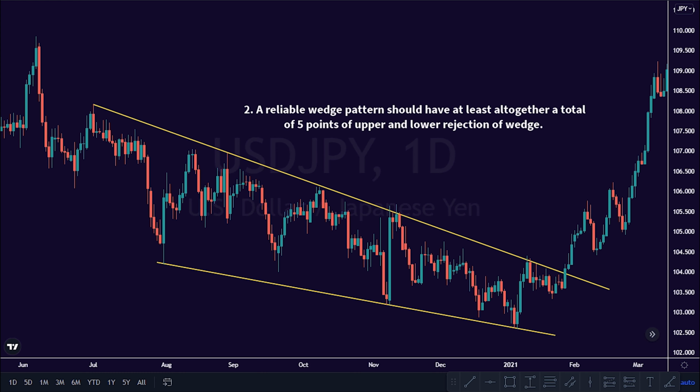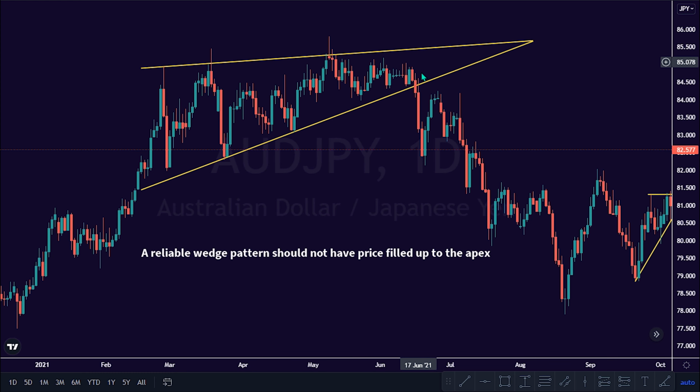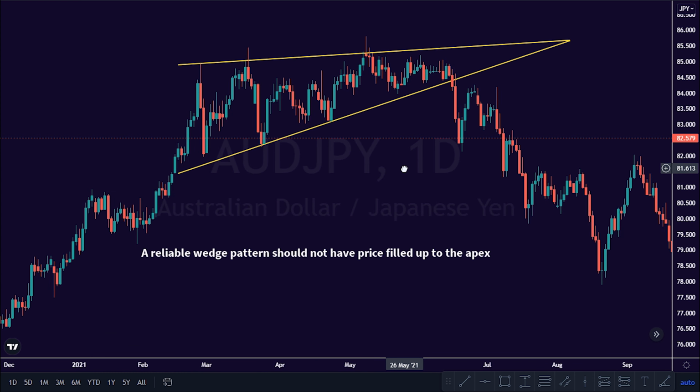Number 2, a reliable wedge pattern should have at least altogether a total of 5 points of upper and lower rejection of the wedge. The more upper and lower rejection the wedge pattern has, the more reliable the channel becomes. Number 3, a reliable wedge pattern should not have price filled up to the apex. These are the 3 main key factors to determine if a wedge pattern is real or not.